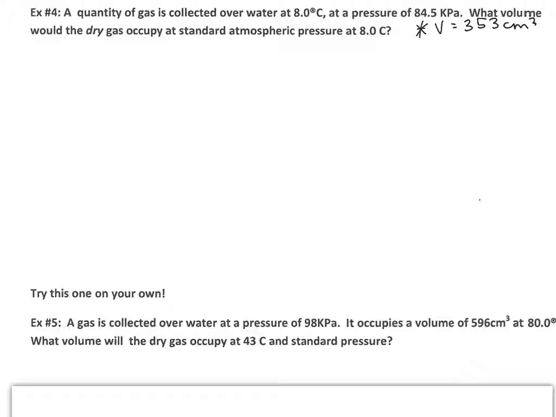So a hint here that I need to use the displacement method to collect is that it's asking for the dry gas, which means that I need to take out the amount of pressure exerted from the water before I can do my calculations. So just like we've done from all of our other gas law problems, the first thing that I need to do is outline all of my variables. So P1, V1, and T1, as well as my final conditions, P2, V2, and T2.